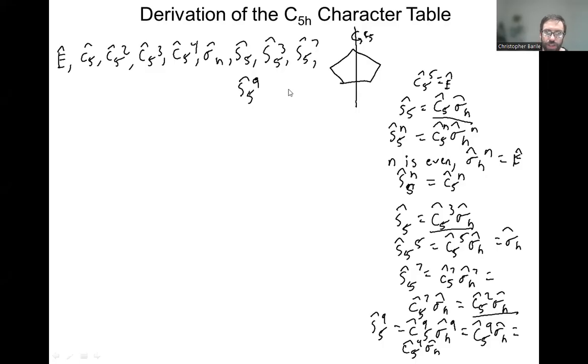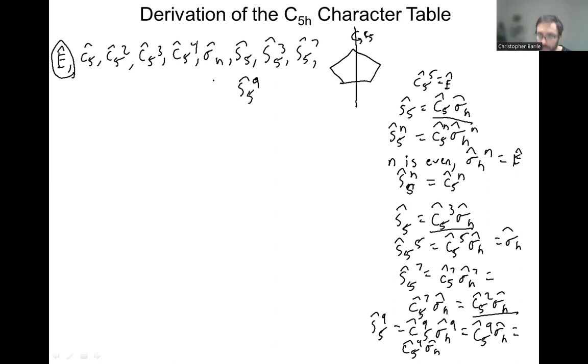So now we have to think about how to group these 10 operations into classes. And this can be a bit tricky, but to start out, we know that there are some rules on this. Identity is always in its own class. And then we're going to want to look for mirror planes.